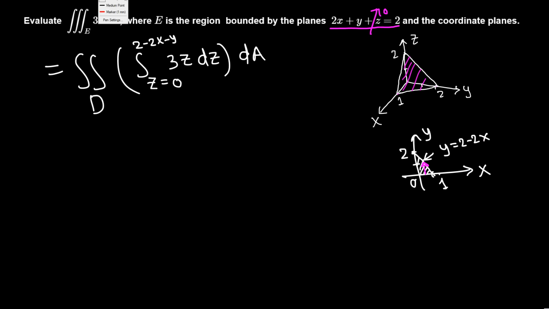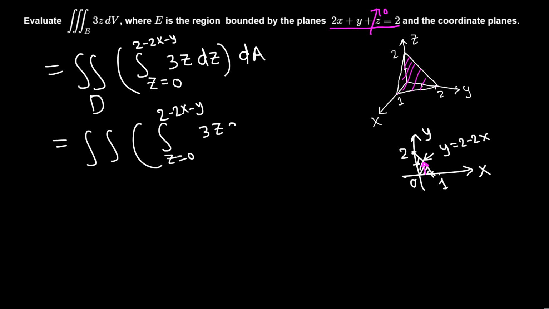So inside we have z equals 0 to 2 minus 2x minus y, 3z dz. Now I'm writing dy dx, and x has bounds from 0 to 1, and y has lower bound the x-axis 0, upper is y = 2 minus 2x.